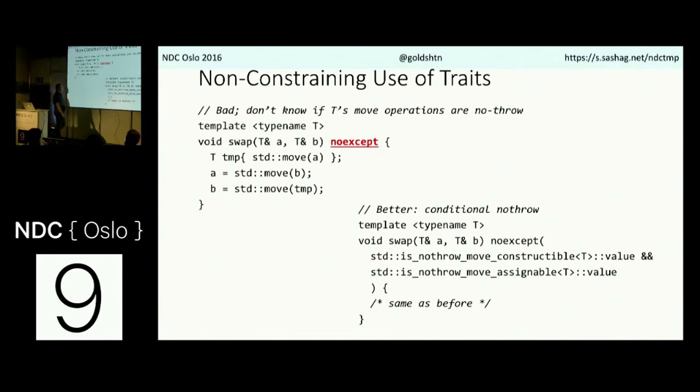So my swap is noexcept as long as T has a nothrow, a noexcept move constructor, and a noexcept move assignment operator. If these two properties hold, then the code I wrote is actually going to be noexcept correct. So that's just another use of constraint checking and type checking that we could introduce, even if not to emit errors, but just to make sure we're really expressing ourselves very accurately.